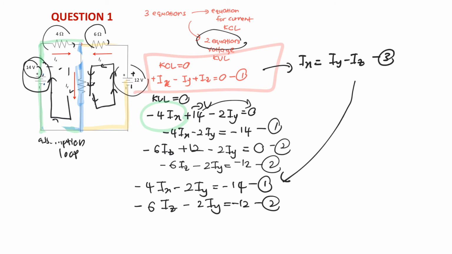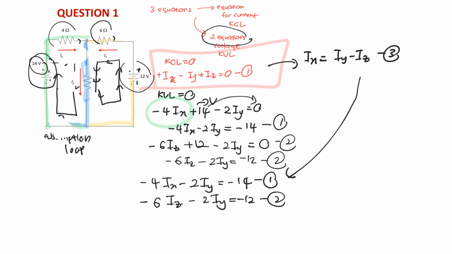The reason I'm doing this is because I want to have the same unknowns, so I can solve it using simultaneous equations. Please do not use a calculator. You need to show your working steps, because working steps are counted as marks. So we are going to put it inside equation 1.